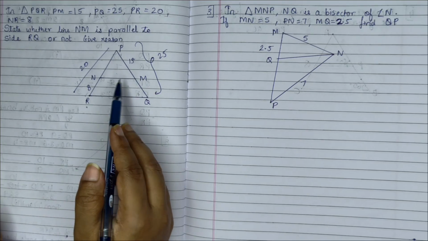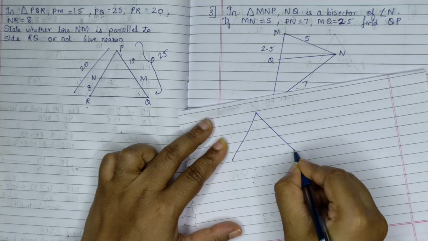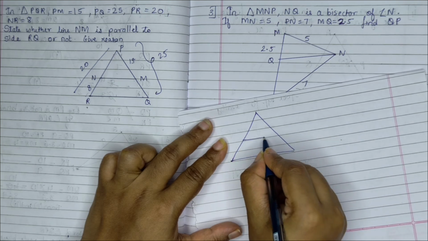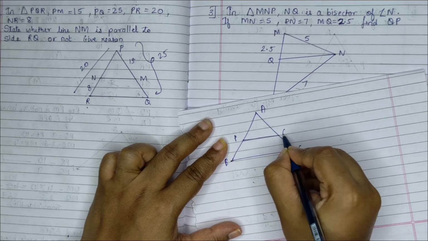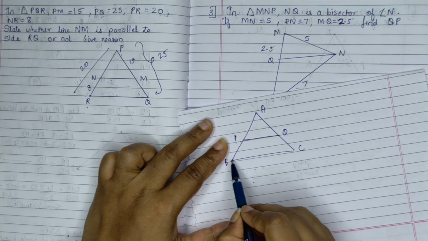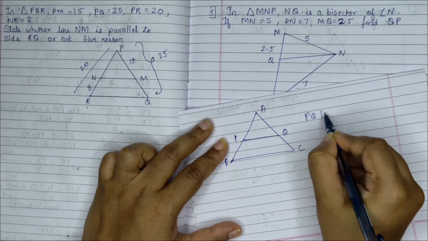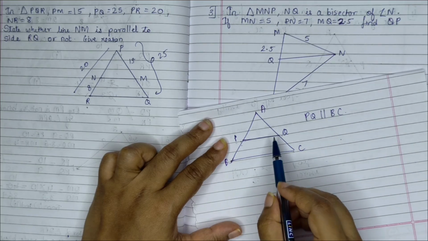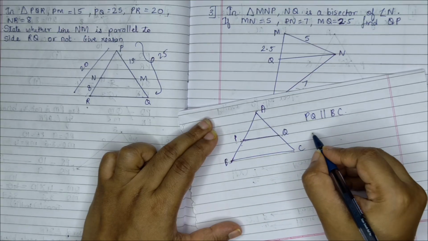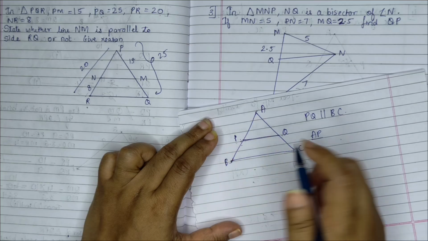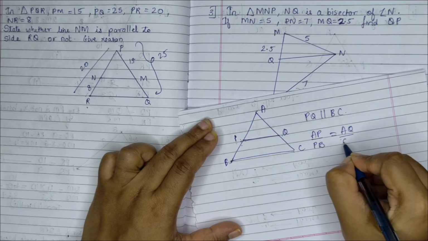So now here we will use the basic proportionality theorem. Suppose you have a triangle like that, and a line is parallel to it, you say A, B, C and P, Q. Okay, if line PQ is parallel to BC, then we can say that AP upon PB is equal to AQ upon QC.